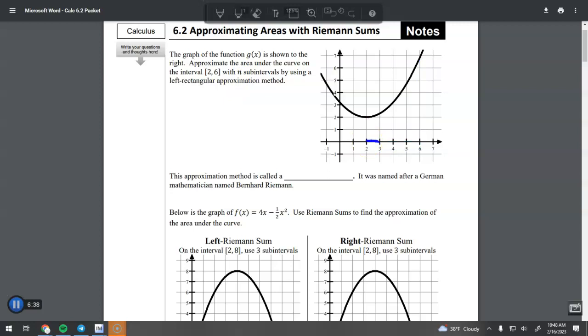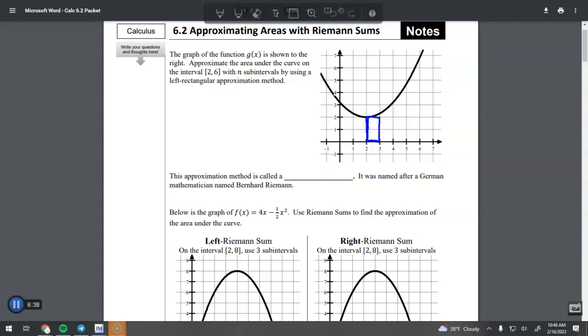The base is 1. The height of this rectangle, if I'm using the left rectangular method, is going to be based on the left-hand endpoint of that subinterval. So if I'm going from 2 to 3, which number is on the left? 2. So then I'm going to go to 2, find the height, like where is the graph at 2, and pretend that's the height for that entire interval between 2 and 3.